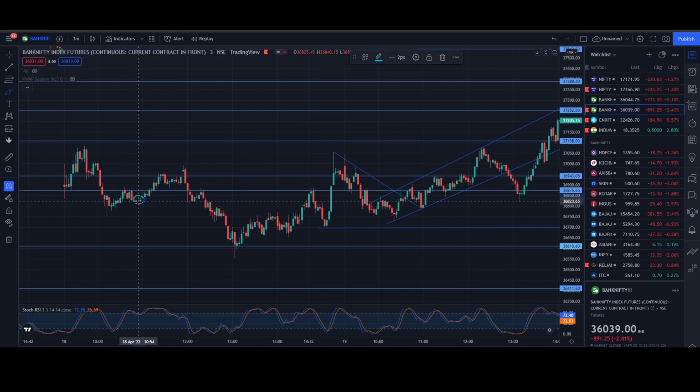I took a trade according to zone trading, a non-directional trade, that is a short straddle and short strangle, and I set this point and this point as my pivot points. If the market stays between these, we are not going to take any trade. It is as simple as this.